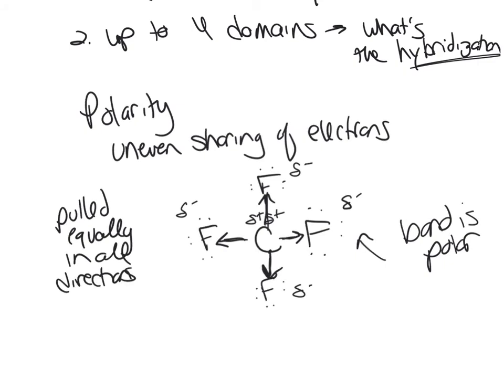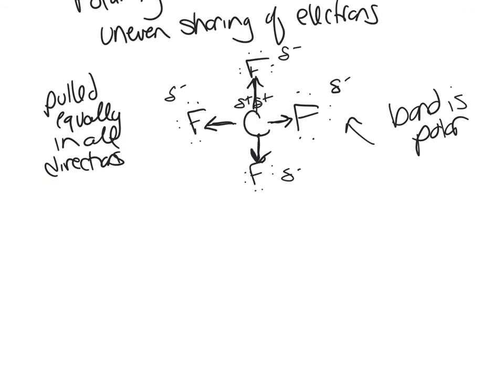It is a symmetrical molecule, so if you haven't taken physics, you can think about it as symmetrical. And when I say symmetrical, I mean that it is bonded to the same thing on all 4 sides. So that carbon is bonded to fluorine, fluorine, fluorine, fluorine. Okay, so if it is symmetrical, or if you were a physics kid, and you have no net force in your free body diagram, you are nonpolar.